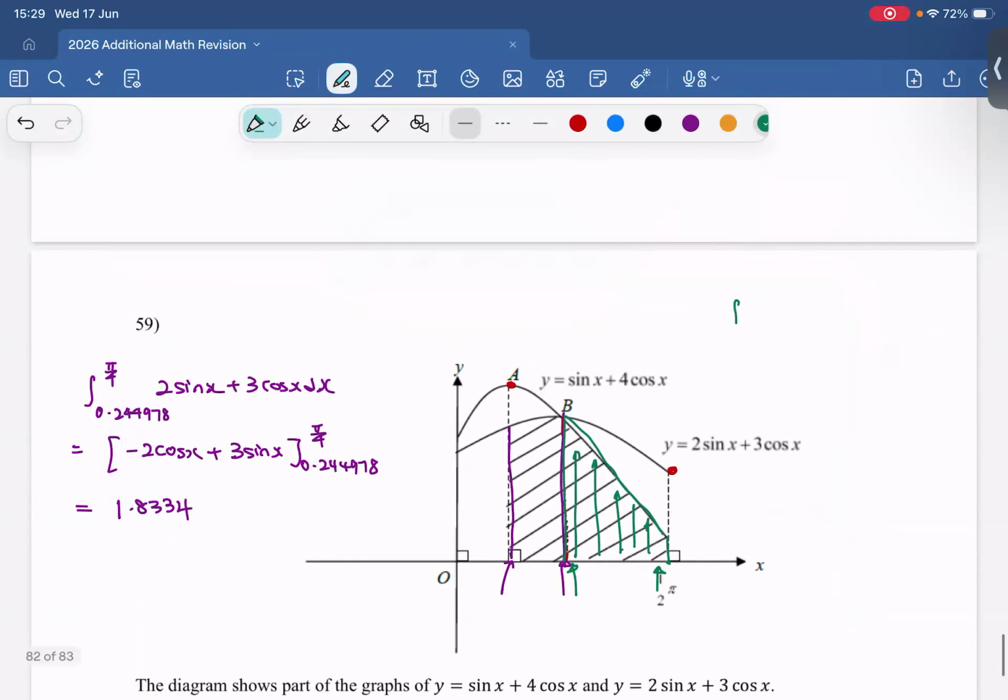I will integrate from pi over 4 to pi over 2 of this curve because this is the curve. So don't use the wrong curve. So integrate sine is negative cosine, integrate cosine is positive sine.